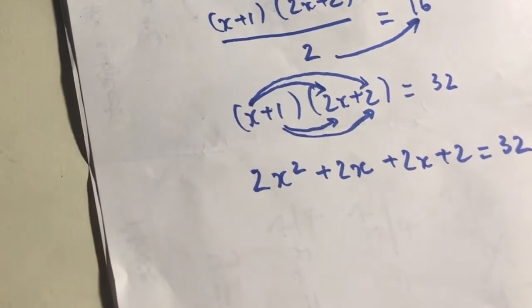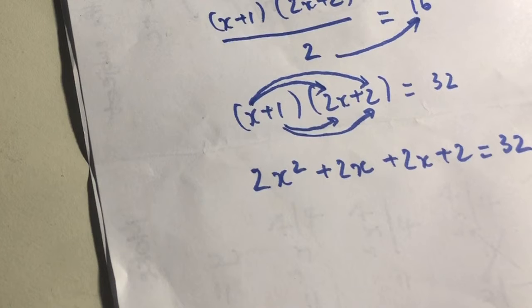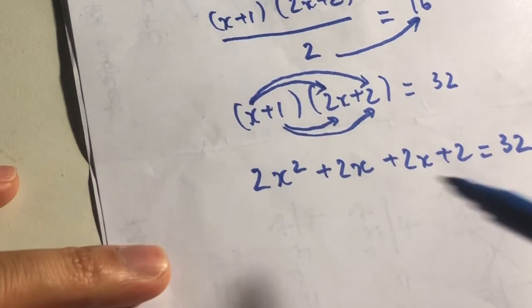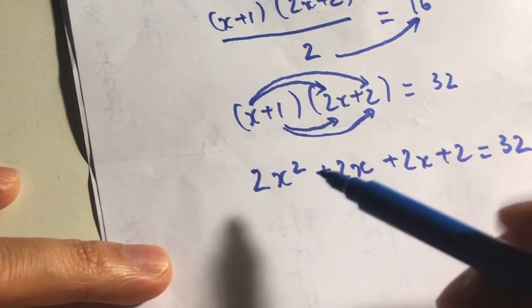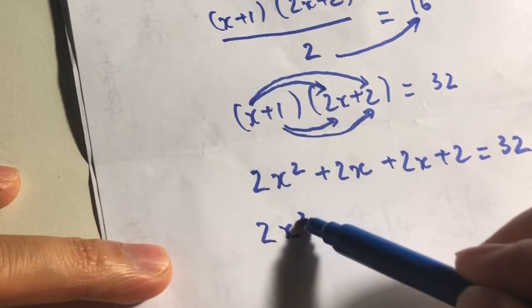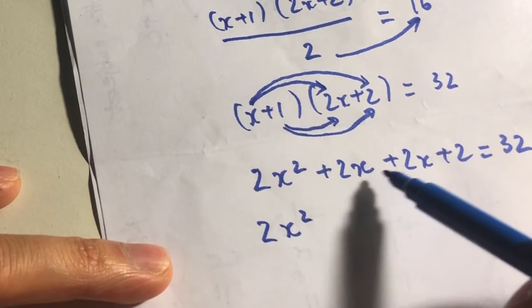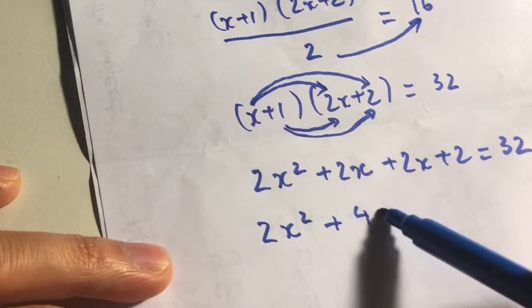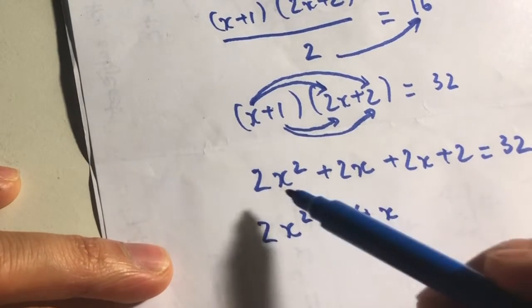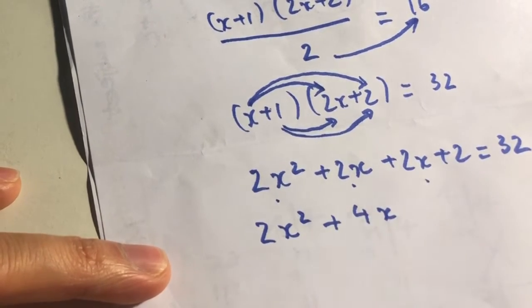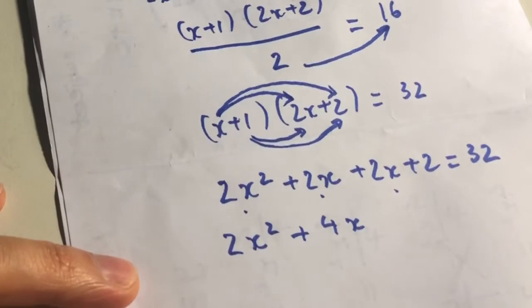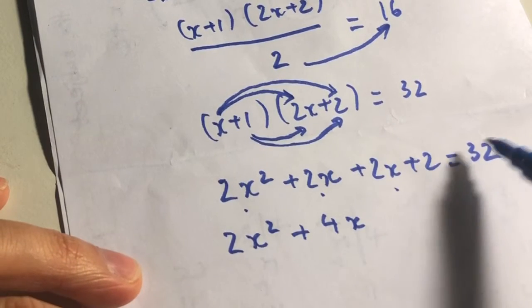Here we go. Now we have a bunch of things. Obviously, we're looking for like terms so we can simplify further. 2x squared is just by itself, so 2x squared stays. 2x plus 2x is 4x. Nice. Now comes the number. So we got 2 on this side and 32 on the other side.